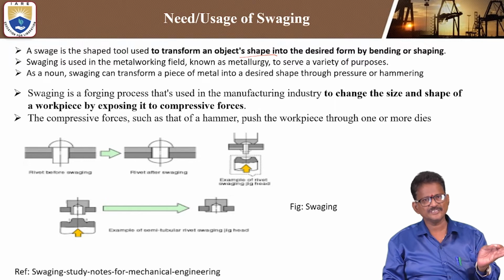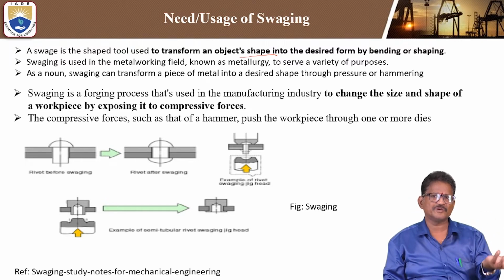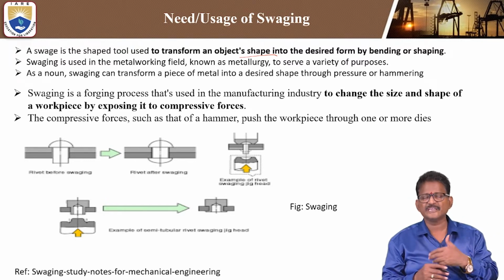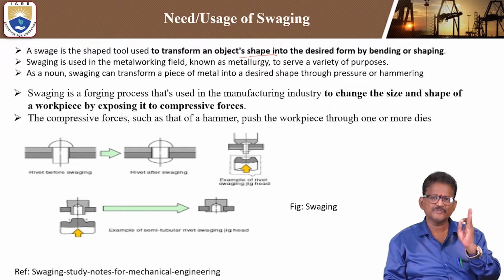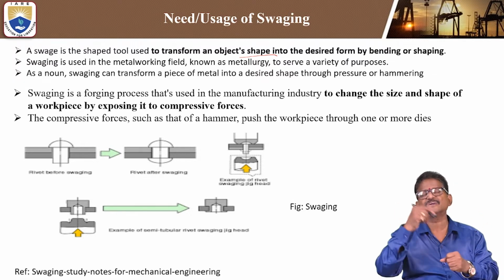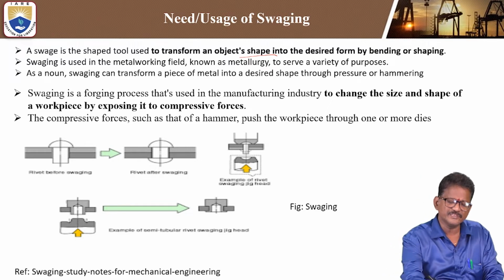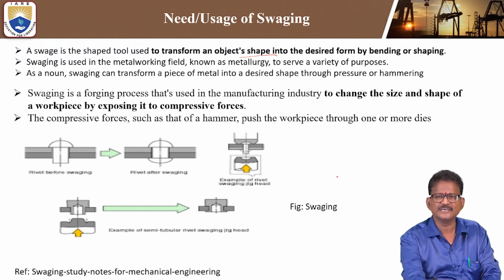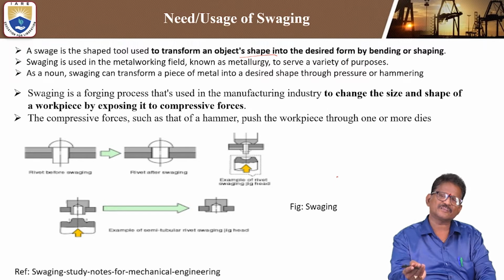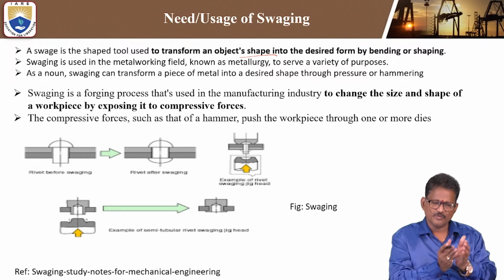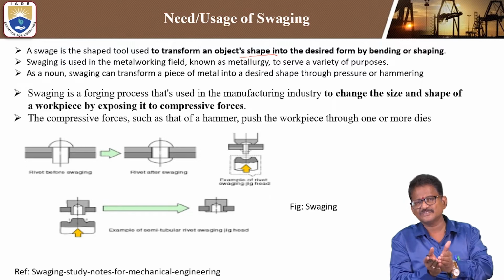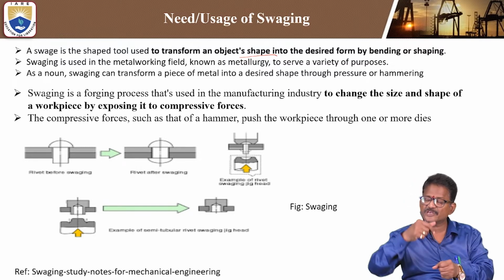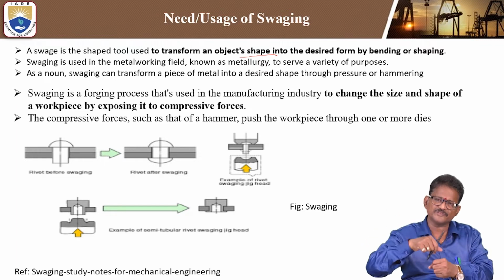Swaging is also called a metal forming technique that is used in the manufacturing industry to change the size and shape of the workpiece by exposing it to some compressive force. Simple thing I am suggesting here: whatever raw material is introduced in metalworking or mechanical working of metals, the size and shape of the workpiece can be changed by applying compressive forces.